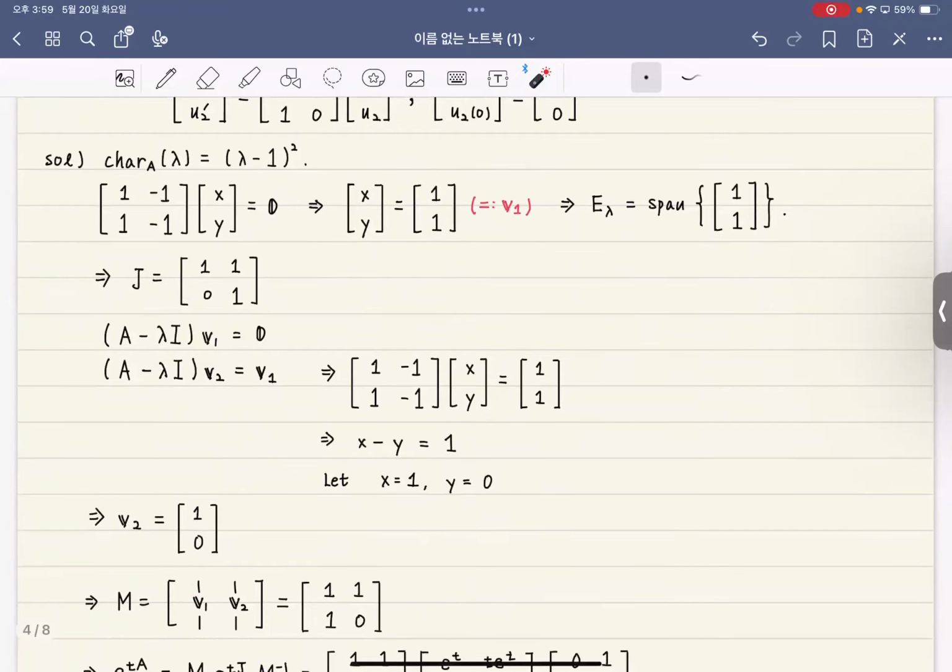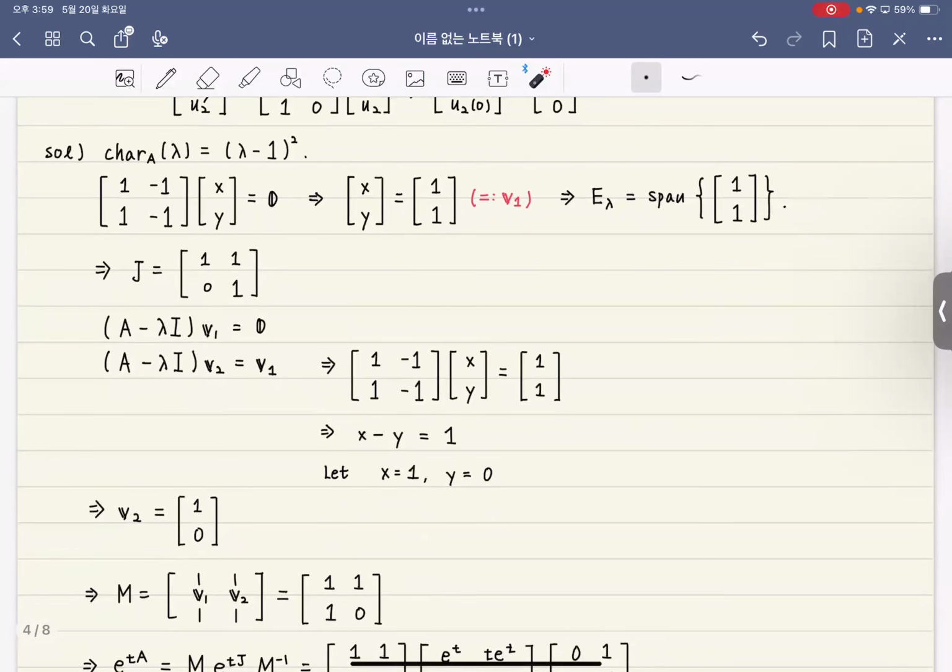Now I am ready to find my Jordan basis matrix M. My Jordan basis matrix M is a 2x2 matrix whose first column is the eigenvector V1 and the second column is V2. So vector V1 is on the first column and vector V2 goes to the second column: 1, 1, 1, 0.